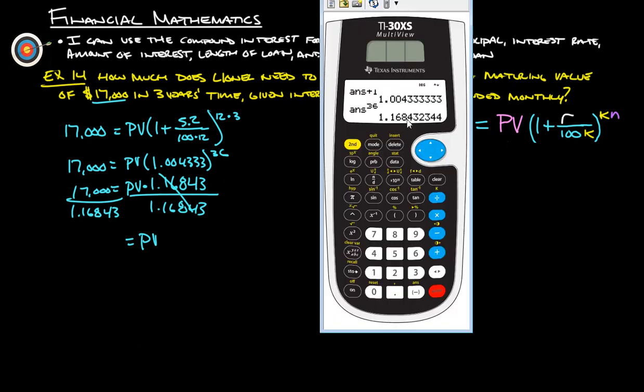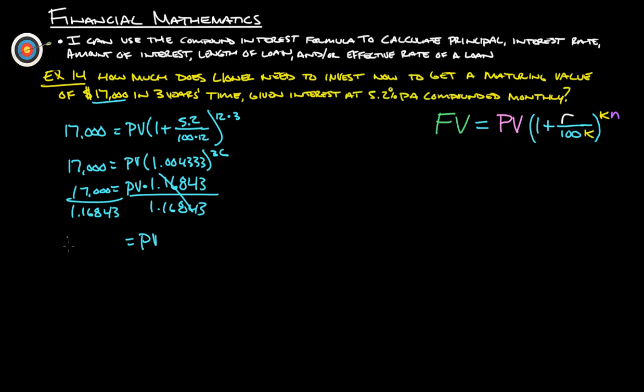I'm not going to clear that out, because I want to take 17,000 and divide it by my previous answer. Then I don't have to re-enter all that in, and it's not rounded off nearly as badly. So it's $14,549.41. Okay, so we've got to invest about $14,550 or so to get 17,000 in 3 years.